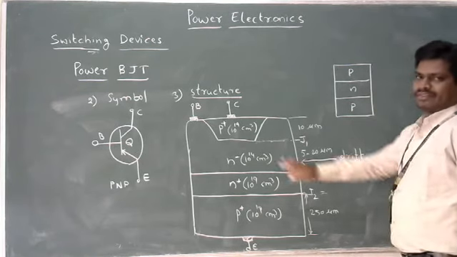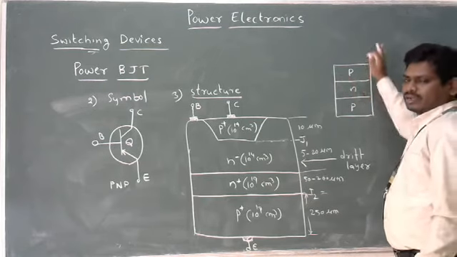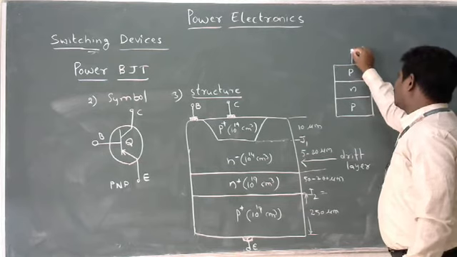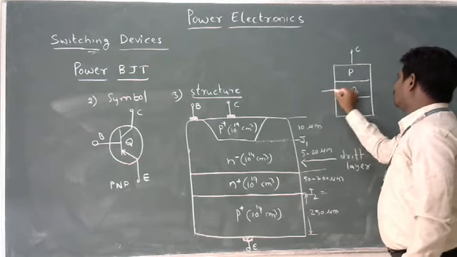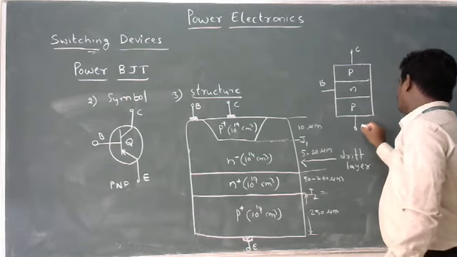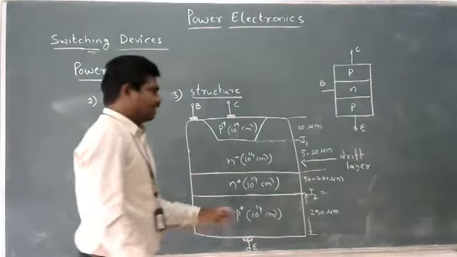But compared with the power BJT, the doping level of the N-type structure in the normal BJT is much lower. This is my collector terminal, this is my base terminal, and this is my emitter terminal. Very simple to understand.